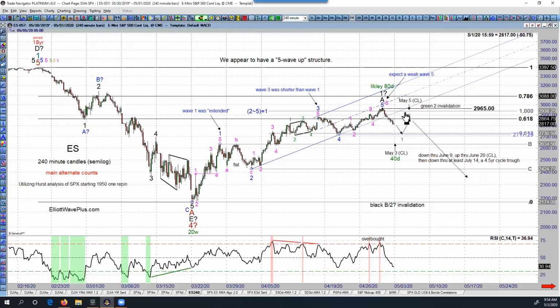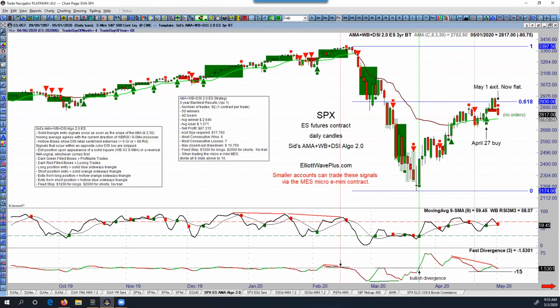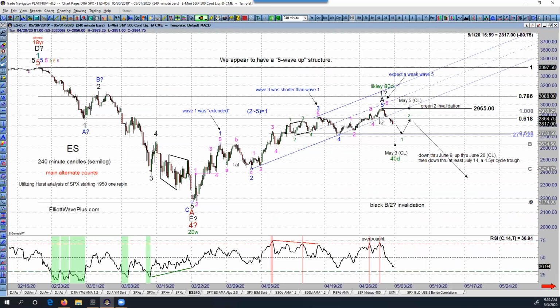But I think the top is in, I'm pretty convinced that we have a top, and that we're going to move down next into early June. And it could be aggressive, or it might not be in the very early juncture of this move to the downside.